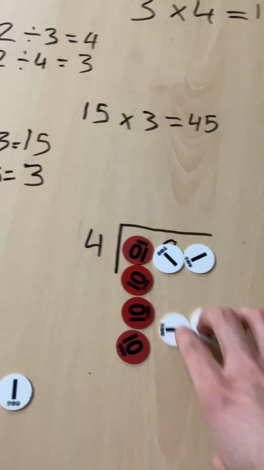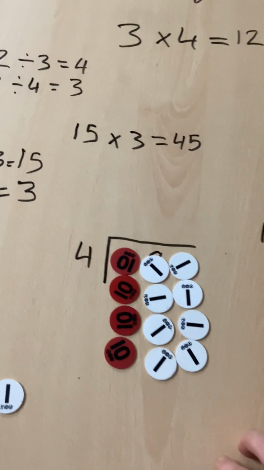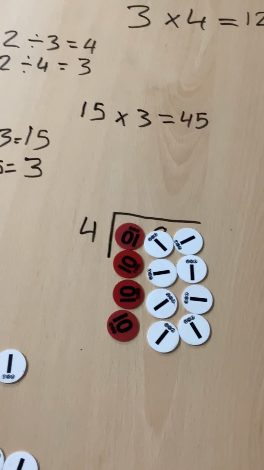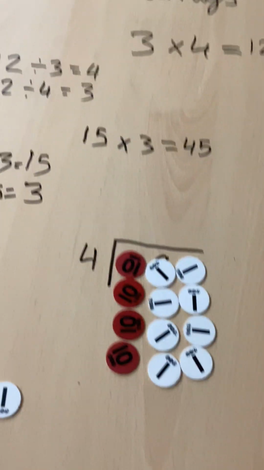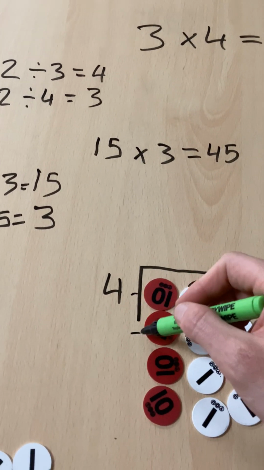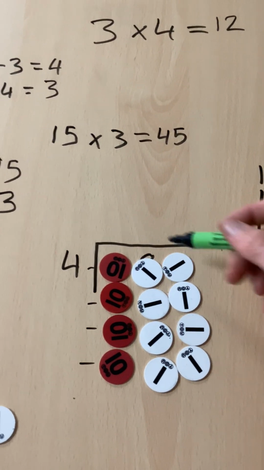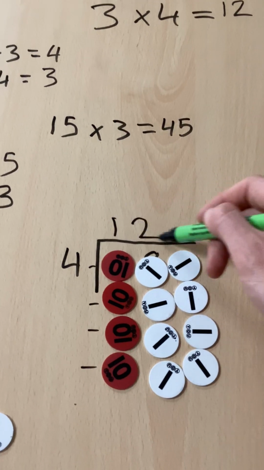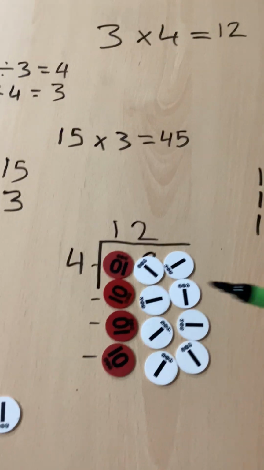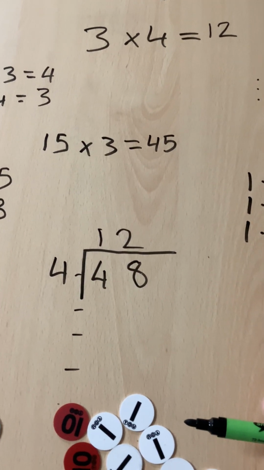Let's put the 1s on top of each other. So 48 divided by 4. Well, on this side we've got 4 because we've got 4 rows. And each row is worth 12. So actually, 48 divided by 4 is 12.